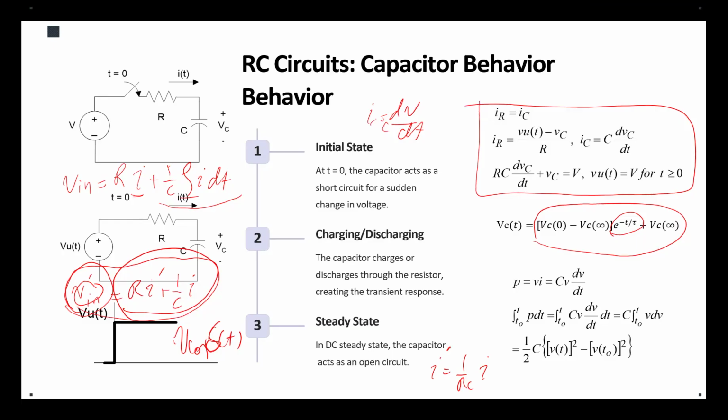And if you have the tau, which is the value of RC, and you have the time in terms of tau, you can put that t inside your function and find the value of the current at that specific tau.